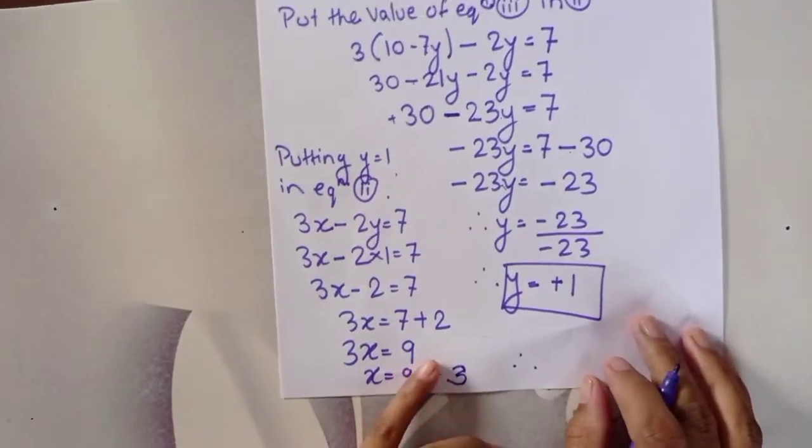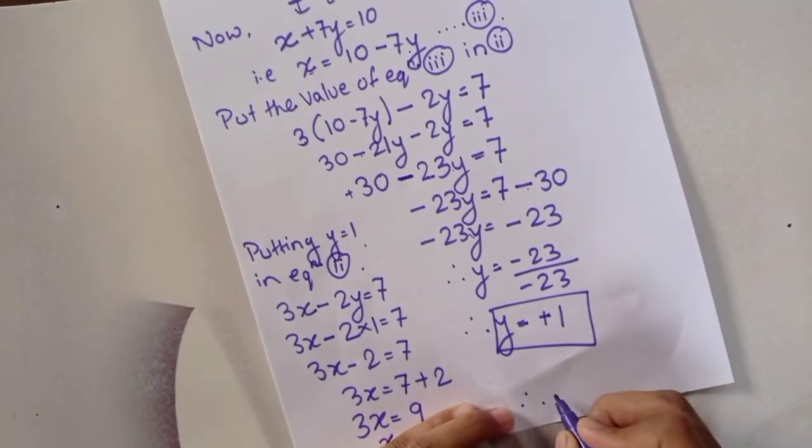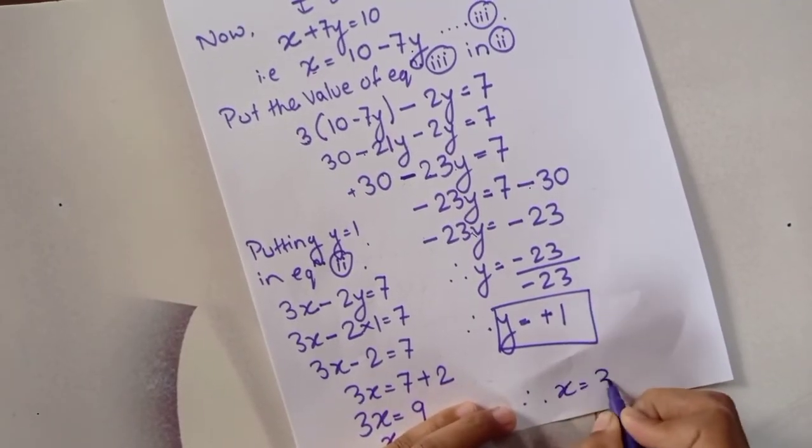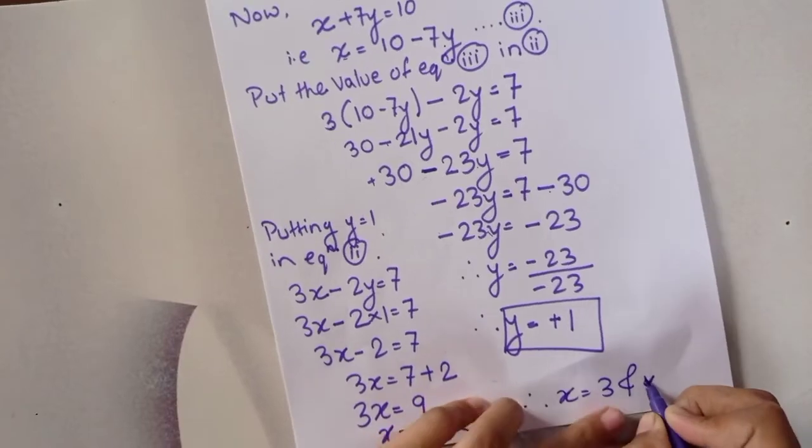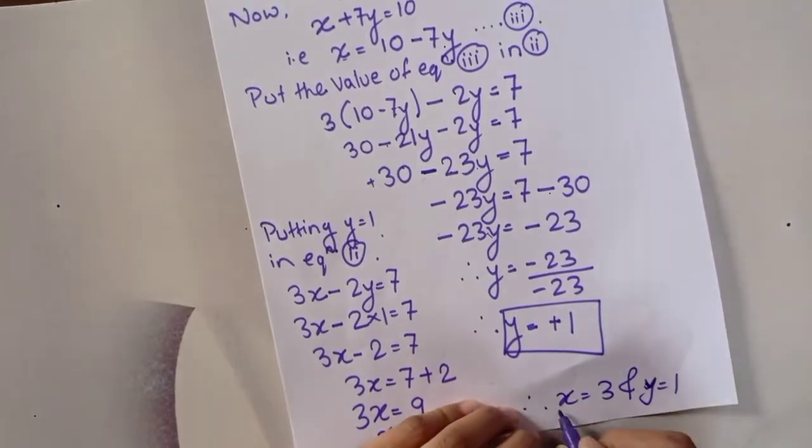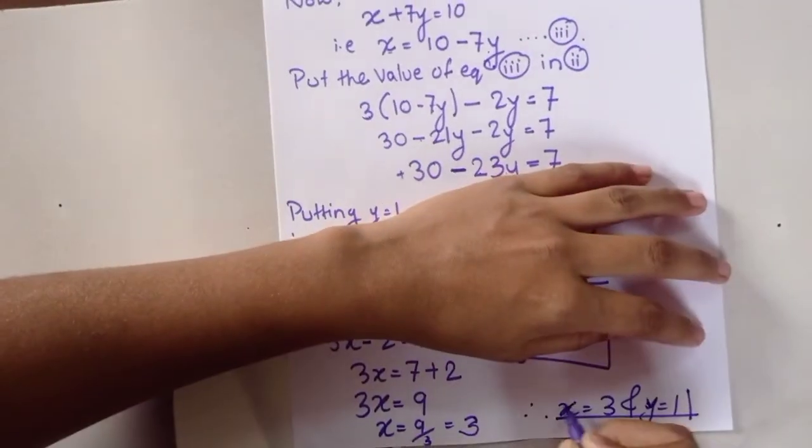Therefore x is equal to 3 and y is equal to 1. It is the final answer.